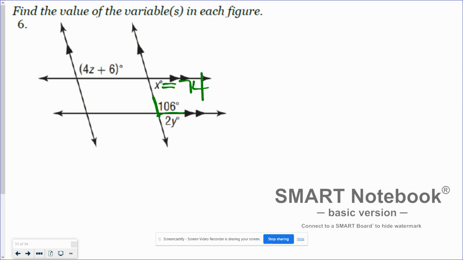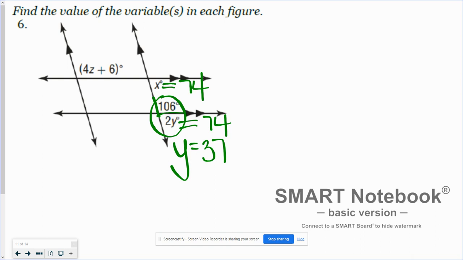So what's the relationship between the 2y and the 106? They are supplementary. They form a linear pair. So therefore, I know that 2y also is equal to 74. And if I do some dividing, I get that y is equal to 37.